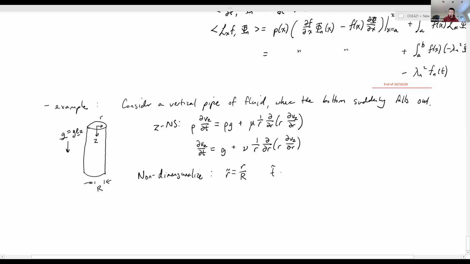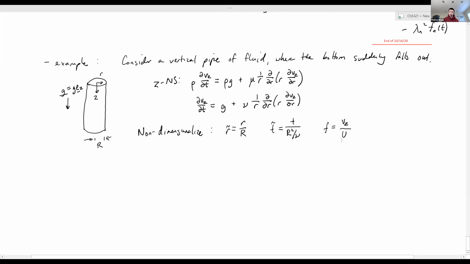Our non-dimensional time is going to be the same as before. Our length squared over kinematic viscosity. And then our non-dimensional velocity, in this case, we actually don't know, right? There's no velocity given in the problem. But for now, let's just call it U, and then we'll figure out what that natural velocity scale is going to look like.